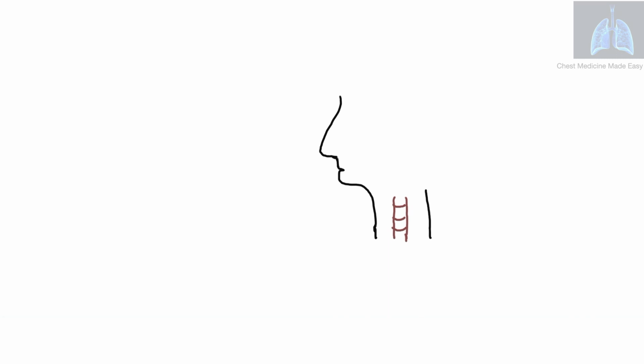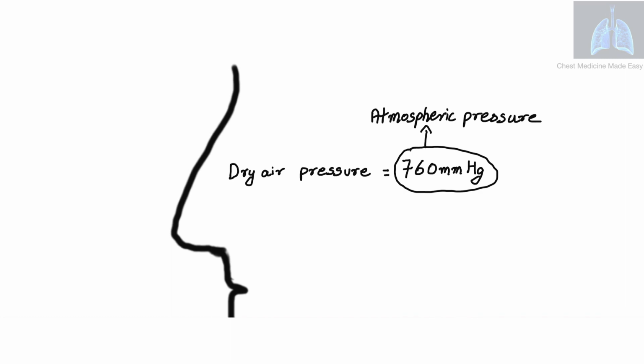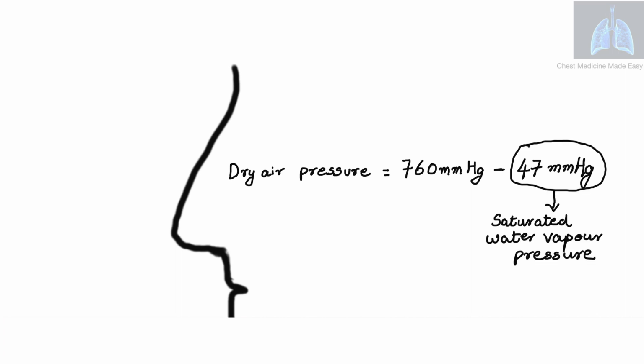When air enters the nostril, it is humidified such that it is saturated with water vapor. The dry air pressure after the air enters the nose is 760 millimeters of mercury, which is the atmospheric pressure, minus 47 millimeters of mercury, which is the saturated water vapor pressure.